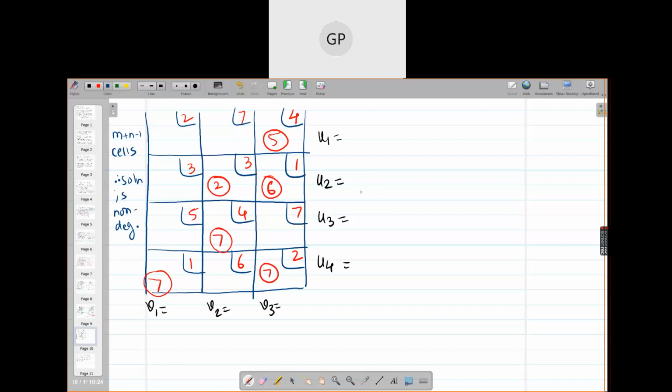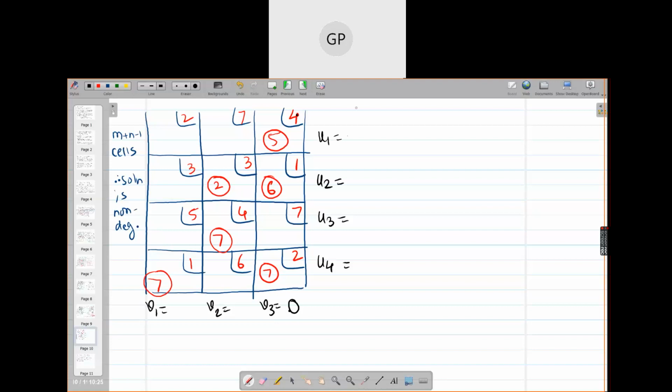Now, which variable will you set equal to 0? You have 7 variables and 6 equations. So one variable, V3, yes, because it will appear in the maximum number of equations. So what will be the value of U1? 0 plus U1 is equal to 4.